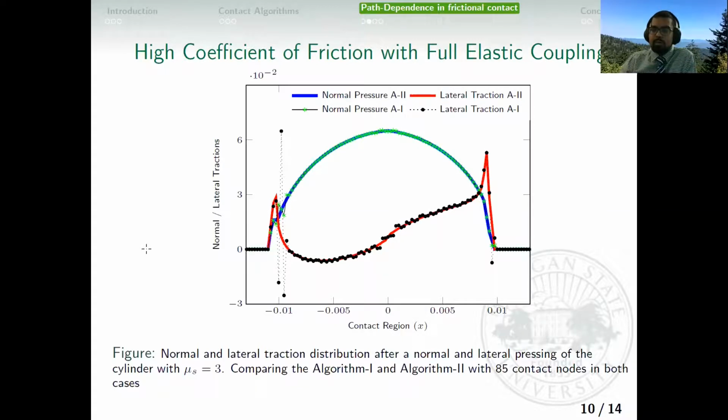For this problem, the conventional algorithm shows instability near the edges, and also shows harsh behavior in the stick region. On the other hand, the method of first violation provided a stable result and a smooth solution with a proper distinction between stick and slip region.